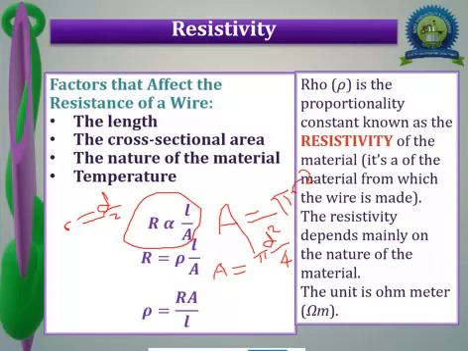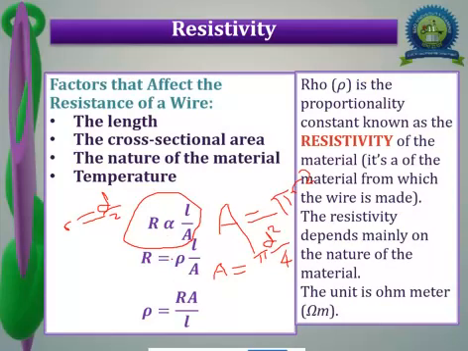We have different resistance, even if they have the same length and the same cross-sectional area. Is that okay? So the nature of this material will also determine the resistance it will offer to the flow of current. Aluminum wire will behave differently from a copper wire. Is that okay? And another factor is the temperature.